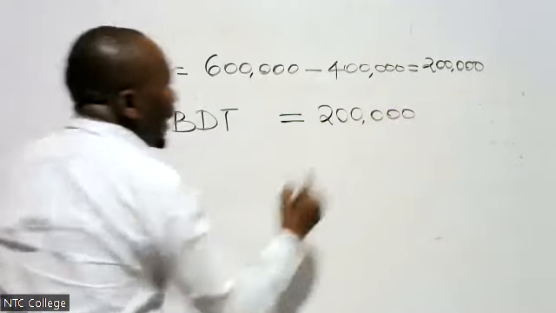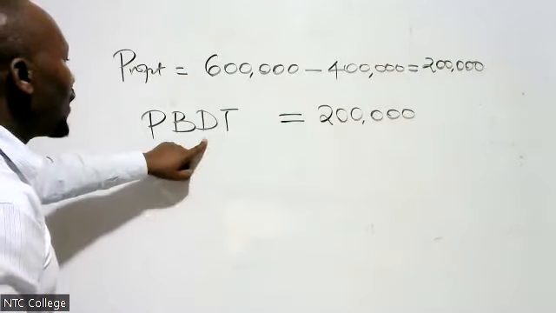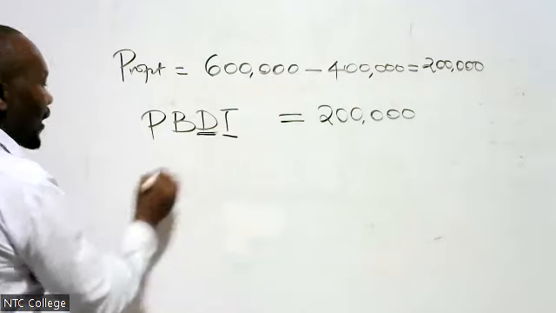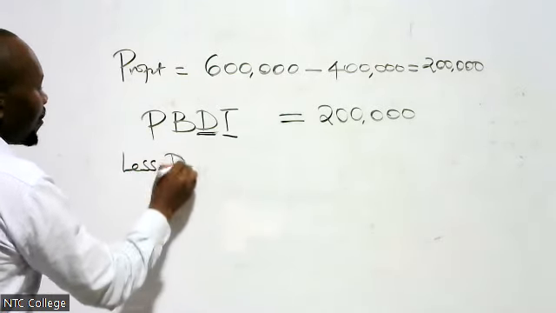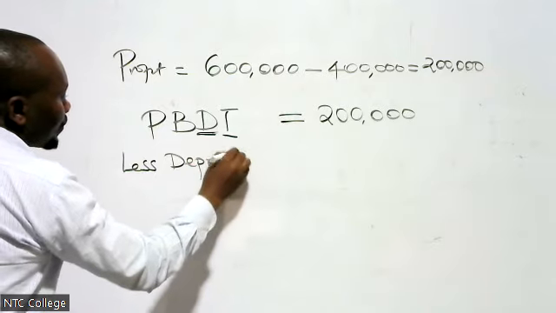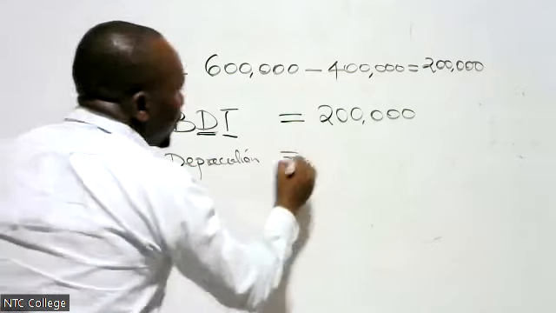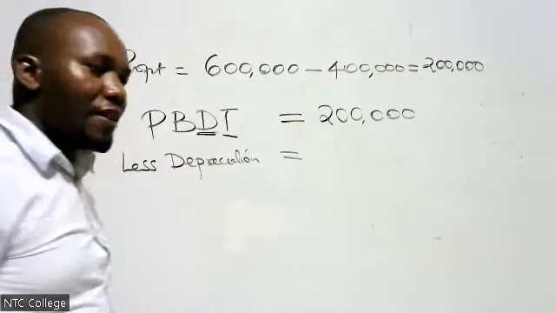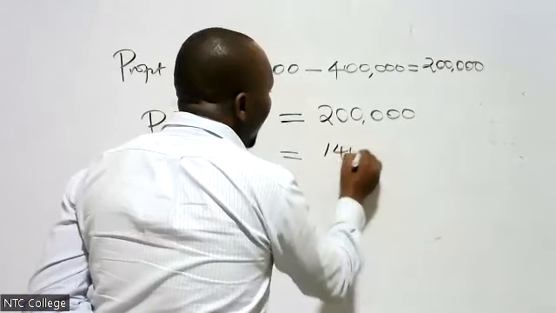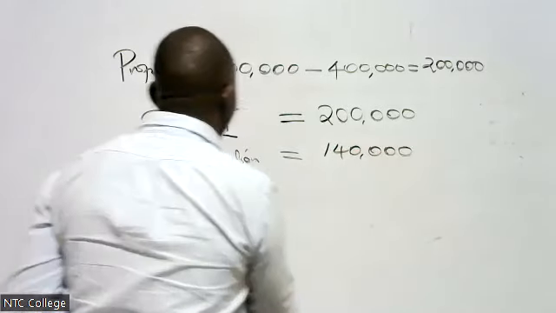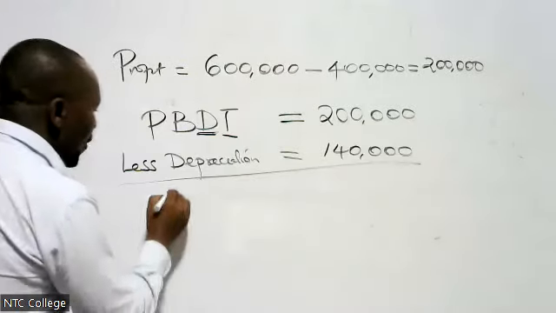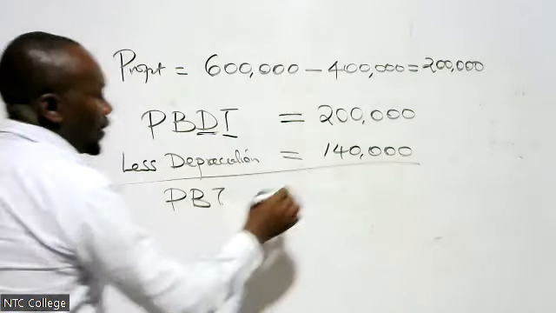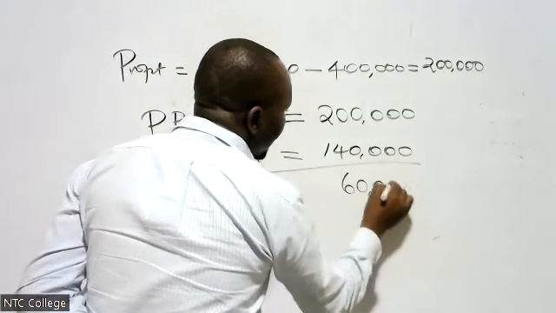What we have not removed here, and we shall remove, is the depreciation and tax. So you say tunatoa depreciation kwanza and then tunatoa tax. So less the depreciation. Depreciation we have calculated at 140 every year. So this year, the first one, we remove 140. Then we have our profit before tax, because depreciation tumeshatoa. It is going to be 60,000.